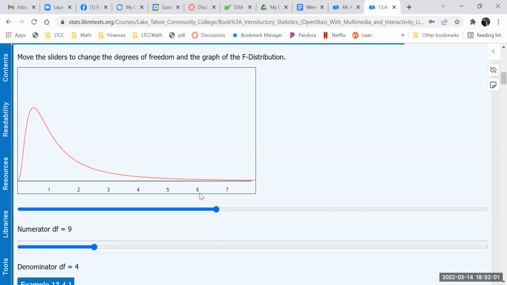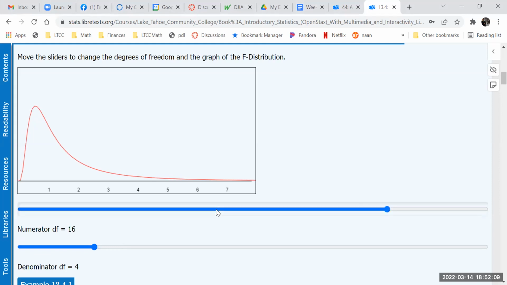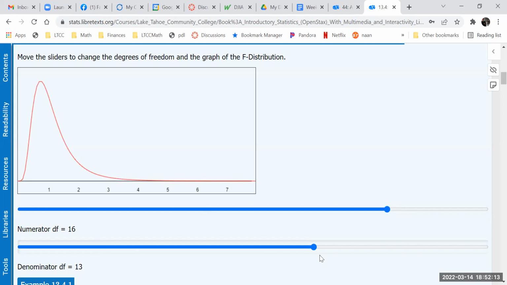Do you see that? It's definitely unimodal, not normal. And depending on the degrees of freedom, you get slightly different looks of it. But there's our distribution. Just like all the others, we don't do much with the shape of the curve or anything, but I figured I'd show it to you. So thanks for finding it. I had forgotten that I put it in that particular spot.